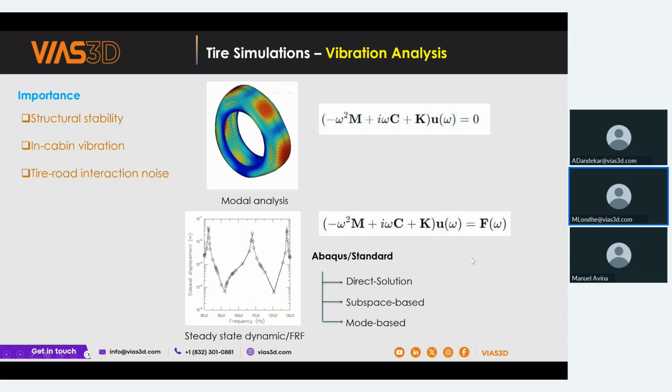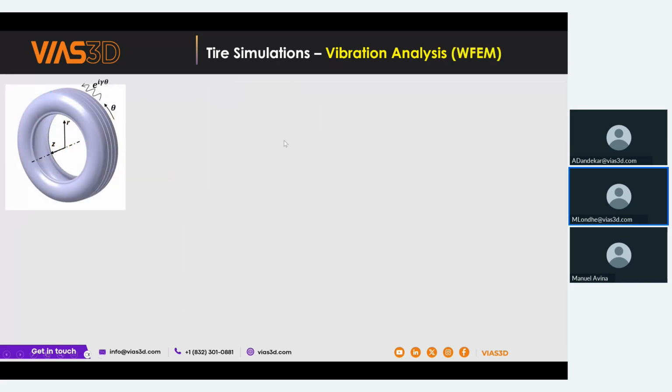Abaqus gives three different approaches: direct solution, subspace method, and mode based method. Each method has its own advantages as well as demerits, so it depends on which method is suitable for the given application.